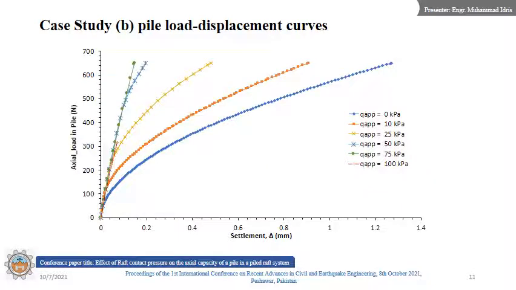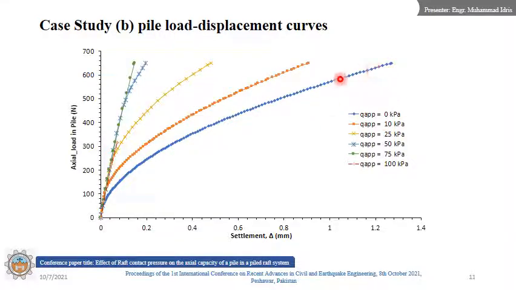Pile load displacement curves for case study B. In case study B, the pile load displacement curve was recorded under different surface pressures applied on the plate. As you can see, when the pressure is increased, the displacement of the pile reduces. However, the pile has taken the same load.